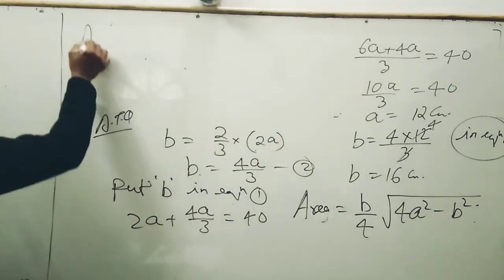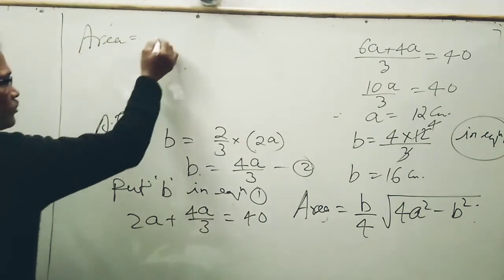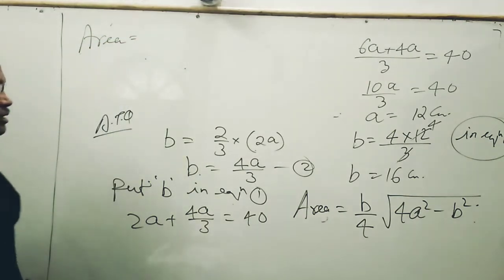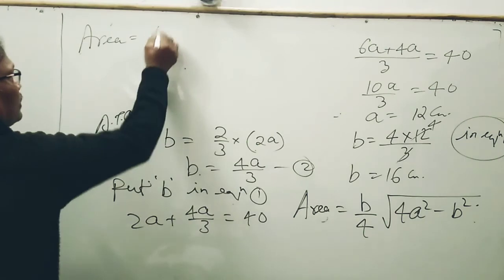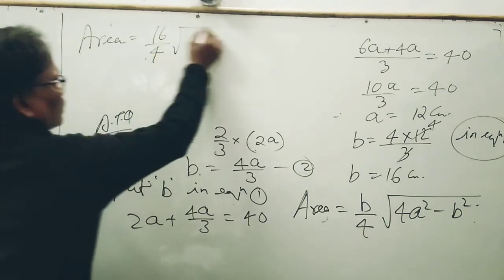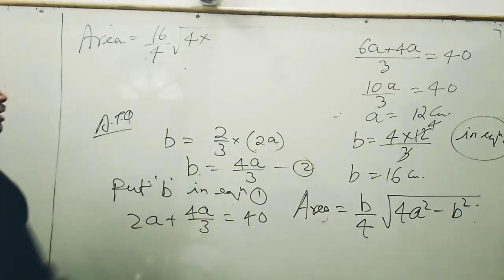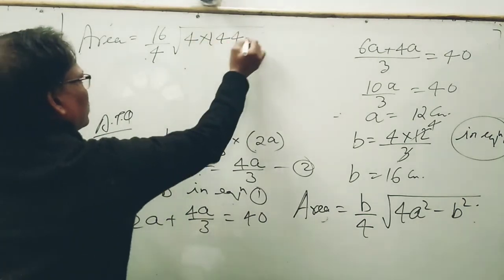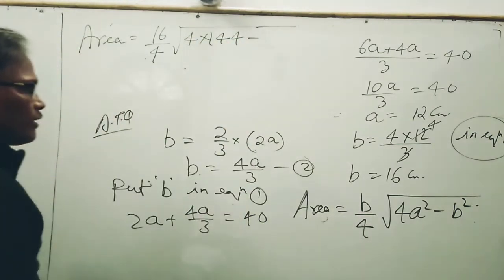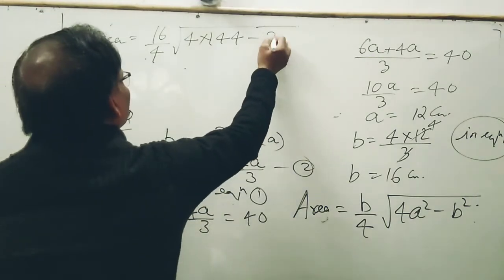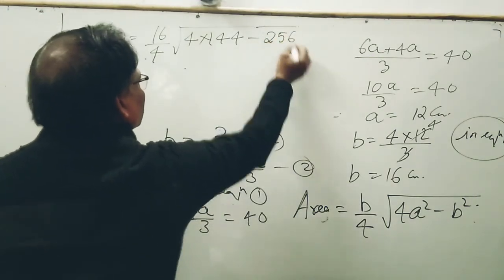तो एरिया आएगा b means 16/4 under root, a means 12, so 4 into 144 minus 16 square means 256.